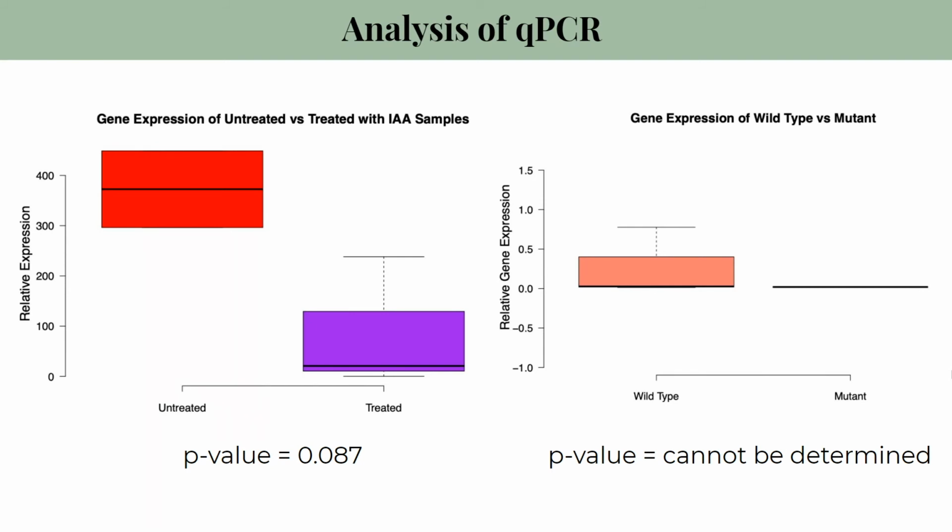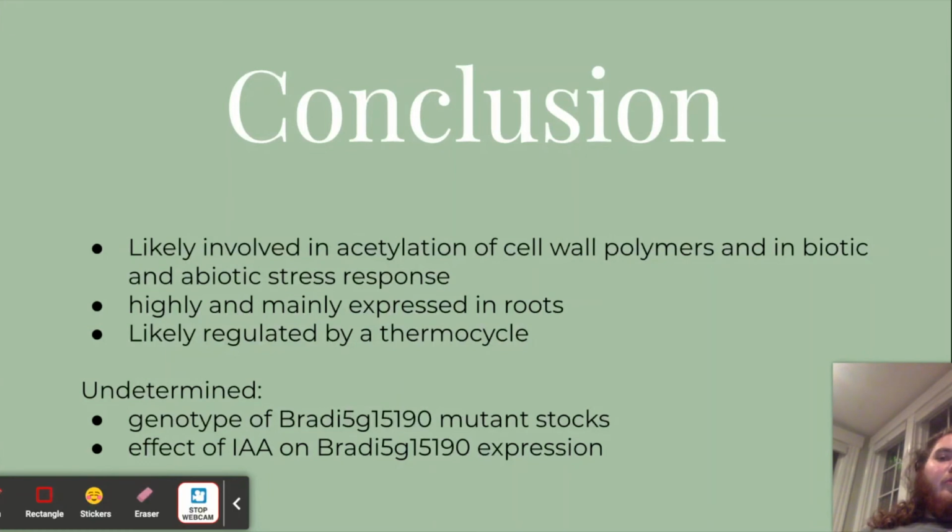The p-value was greater than the cutoff of 0.05, with it being 0.087. So there's no significant difference. And for the given cDNA data on the right, we could not determine the p-value because there was not enough mutant data samples.